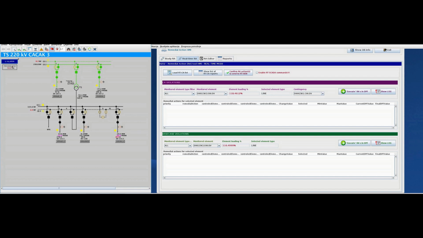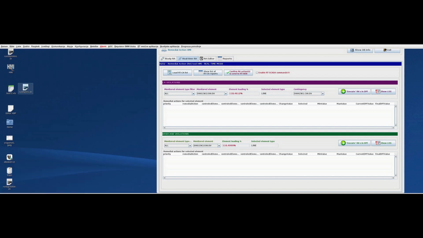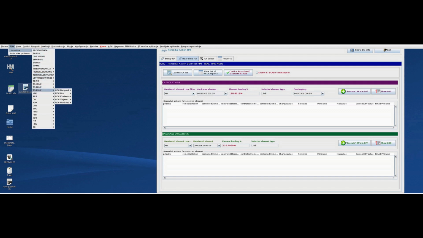So they are deciding on which remedial action they would take. The voltage on 110 kV level is around 115. So with their experience, they are now checking the other substation that the substation Čačak 3 is connected with in the 110 kV network.